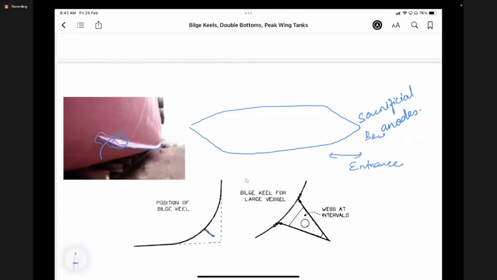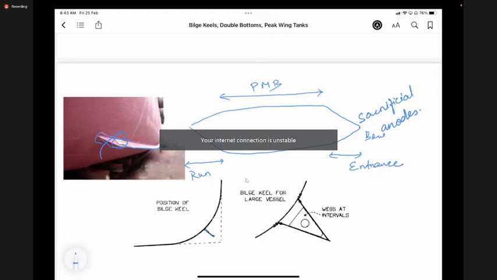And the stern side, the aft side, wherever the shape changes is called the run of the ship. The mid portion, wherever it does not change much, is the parallel middle body.